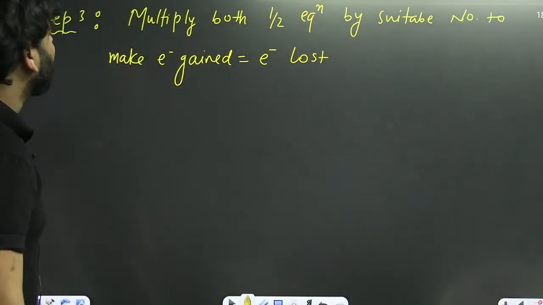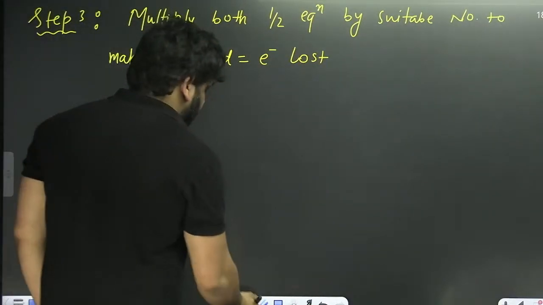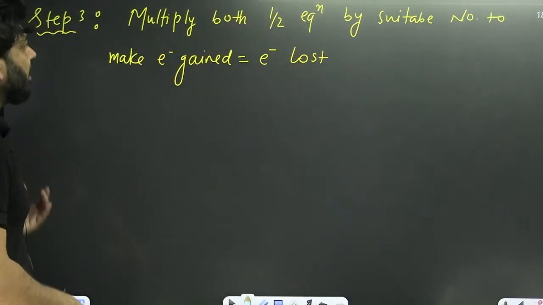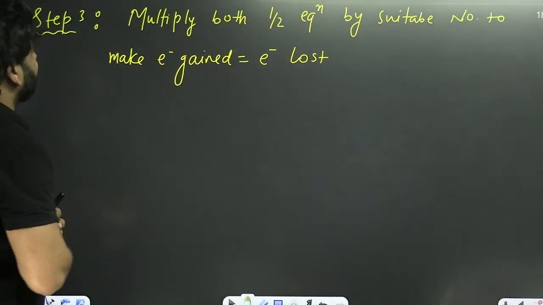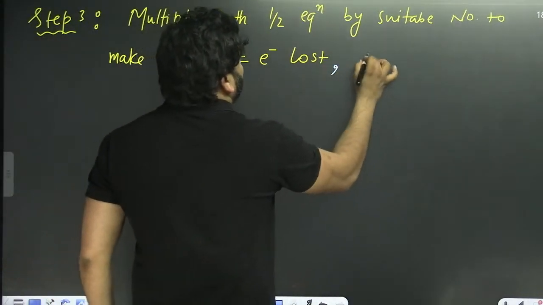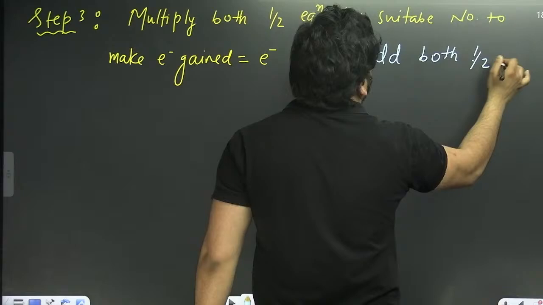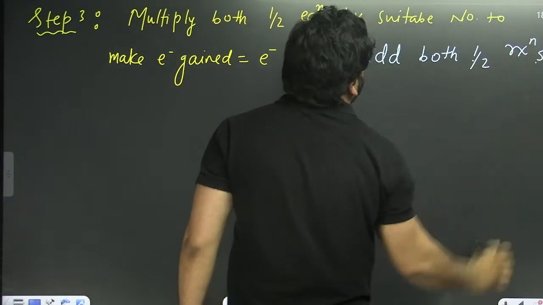If the number of gained electrons is equal to the number of lost electrons, then we add both half reactions.